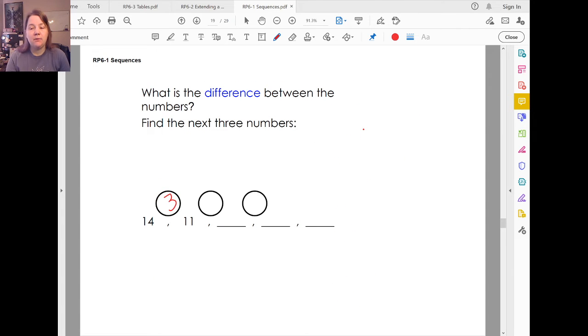Because right now, the way I've written it, it looks like we're going to be adding, and we are actually going to be subtracting. That's supposed to be a 3. Okay, so 11 minus 3 is going to be 8. 8 minus 3 is going to be 5, and 5 minus 3 is 2.